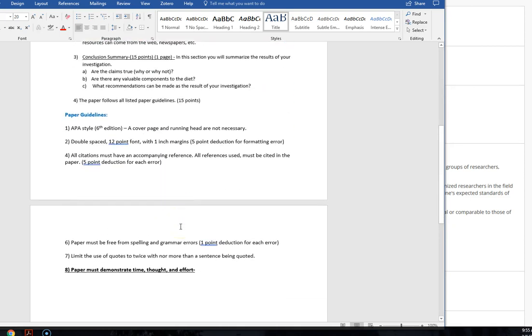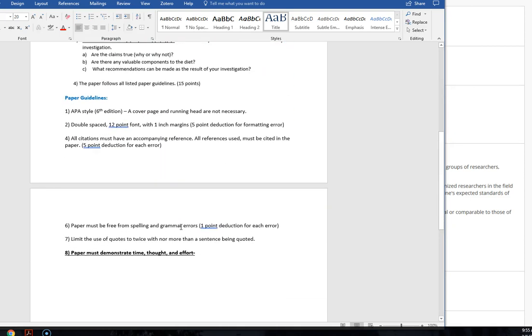And so paper guidelines, what I'm looking for: you don't need a cover page and you don't need a running head. You do need to be APA style 6th edition. This is very particular to the way you cite something and then your reference section. And I'll show you those both. All citations have to have an accompanying reference. So you can't reference something in the reference section unless there's a citation in the body of your paper.